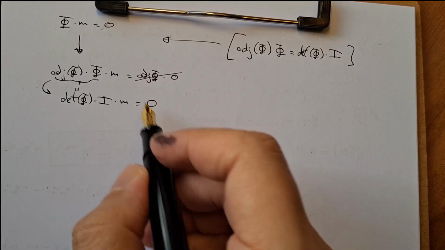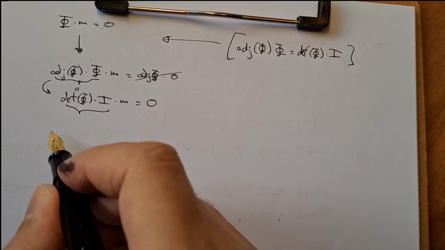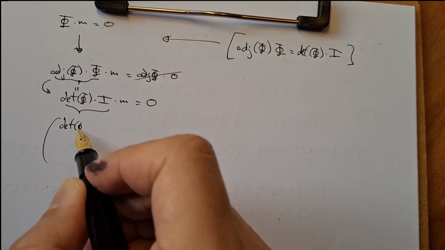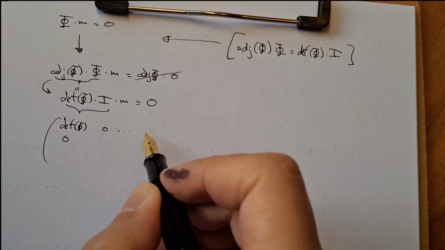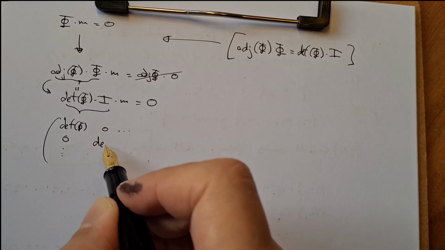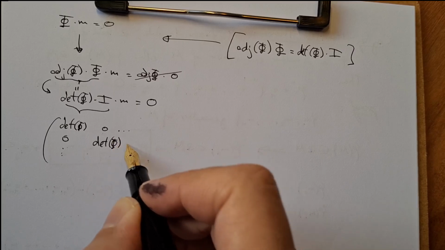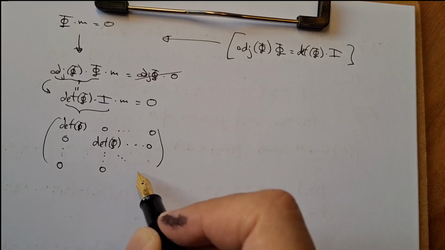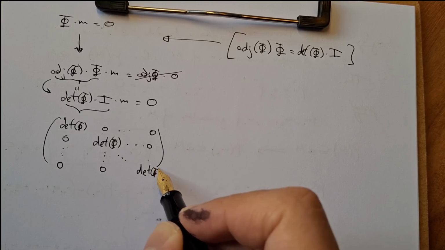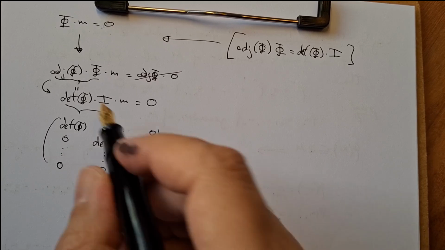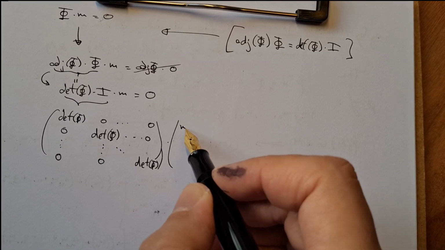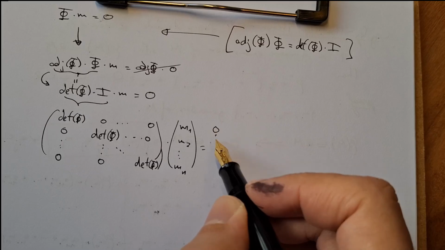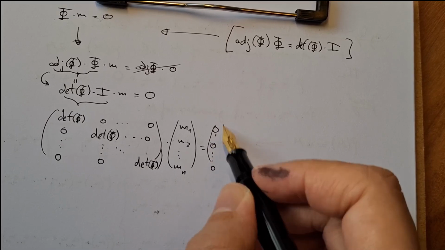Now, this has the shape of determinant of psi on the diagonal, all the rest are just zeros, multiplied by M1, M2 till Mn, and this is equal to 0, 0, and well, the vector of zeros.